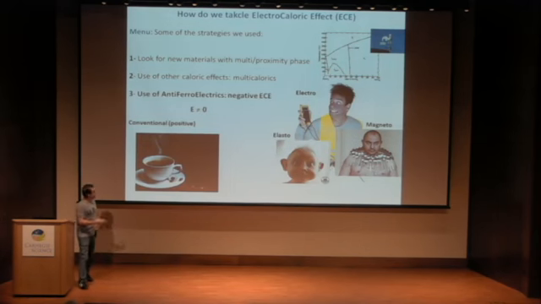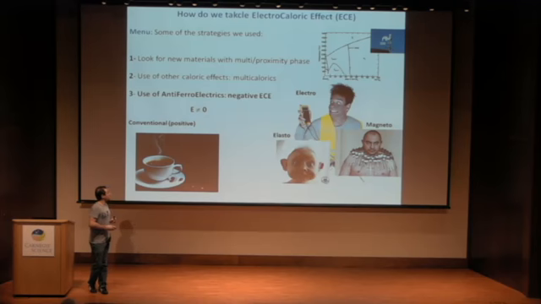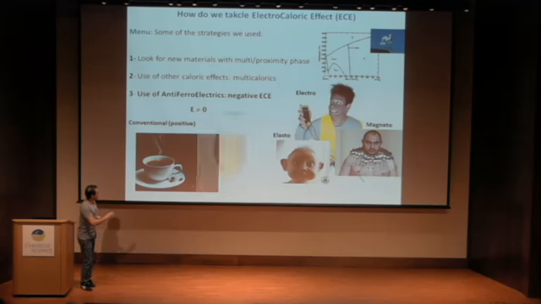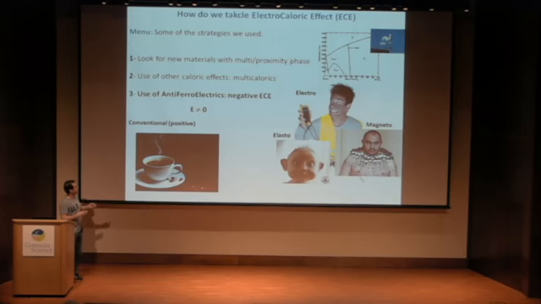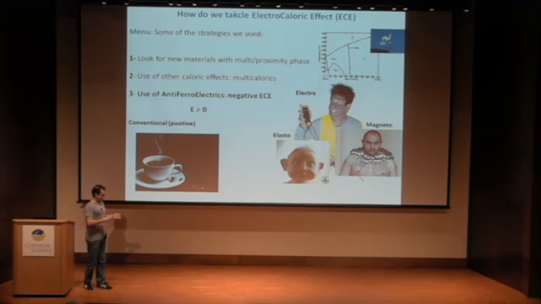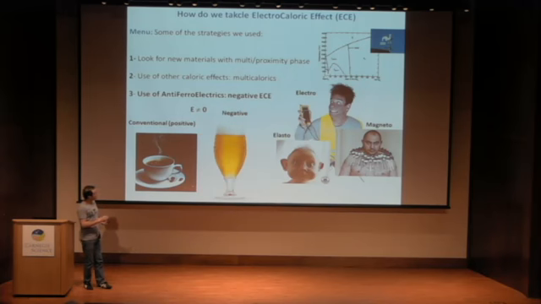The third way of doing is to not use ferroelectrics, but antiferroelectrics. And the idea is, in antiferroelectrics, we may have this so-called negative electrocaloric effect. Let me just remind how it works. So if you apply a positive electric field, usually in the positive way, the conventional one, you should have delta T increasing, while in the negative case, we have a decrease of the temperature.